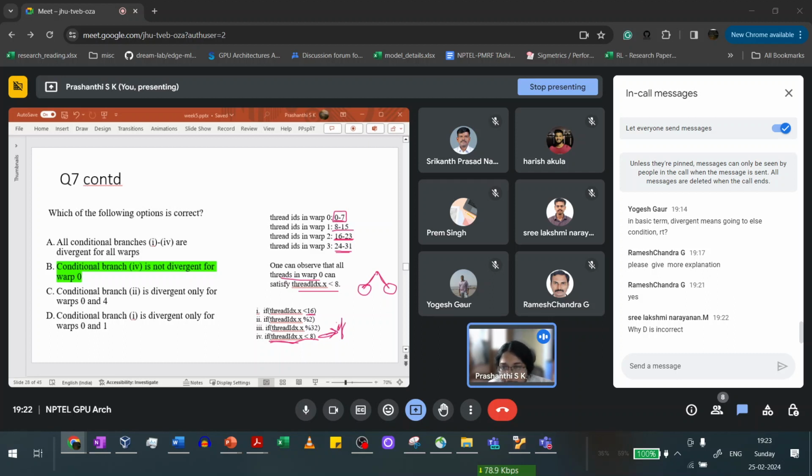Okay, we have a doubt. Why is D incorrect? Condition branch 1 is divergent only for warps 0 and 1. Can anyone answer that?